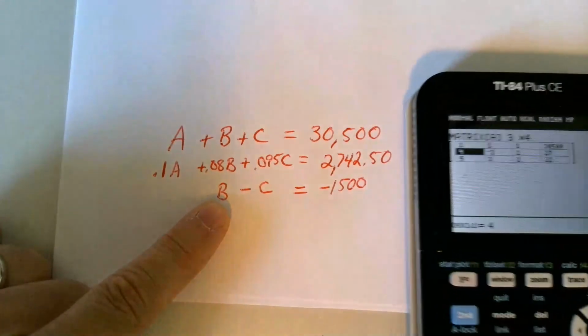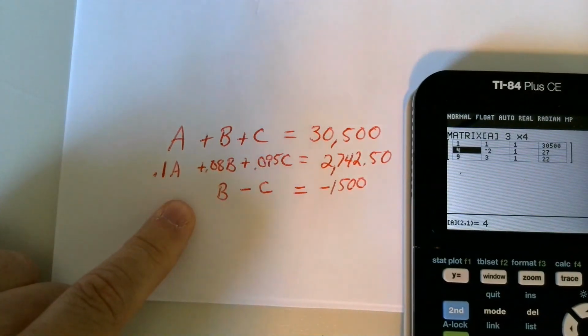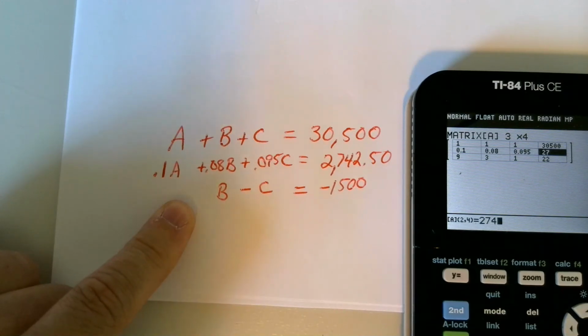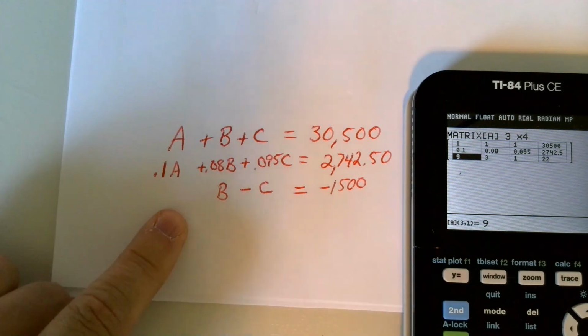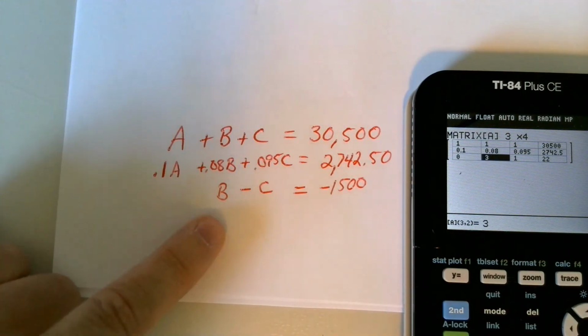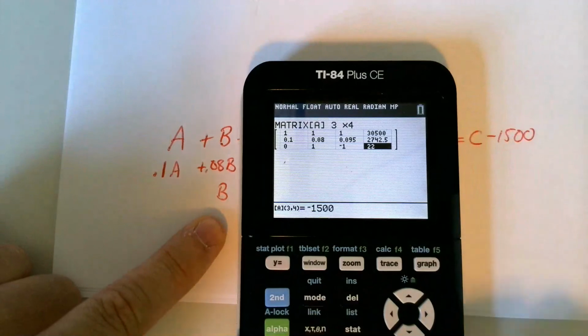I got that. And then 0.1, enter, 0.08, enter, 0.095, enter, 2742.5, enter. And then A's. Do you see the A's? No A's, so we got to put it at 0. 1B, -1C, and -1500 for my constant.